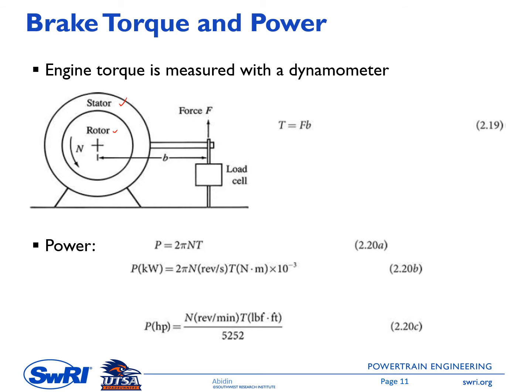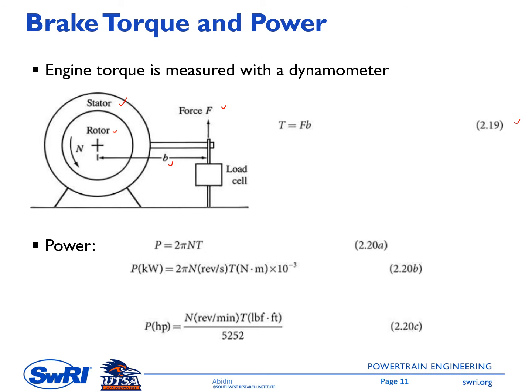By looking at this figure, we know here that the torque is F, the force, times the length of the torque arm, in this case b. So that is equation 2.16, okay?